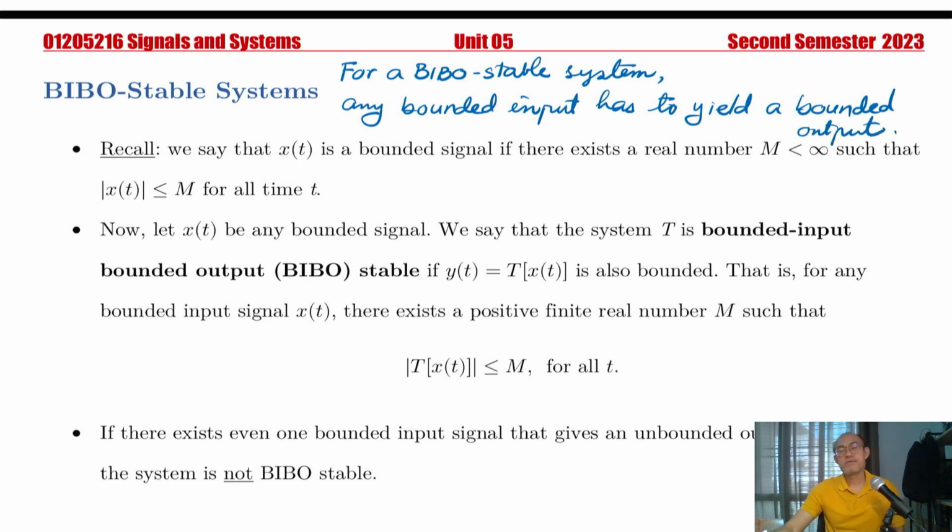If you give a system a bounded input, and there is a bounded input signal that results in unbounded output, then your system will not be BIBO stable.